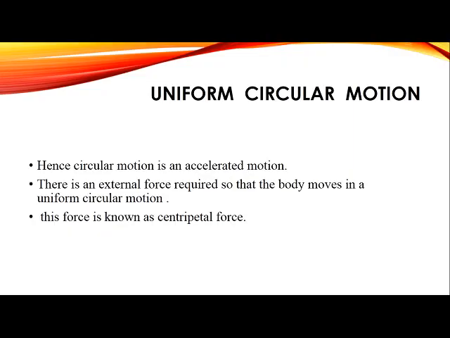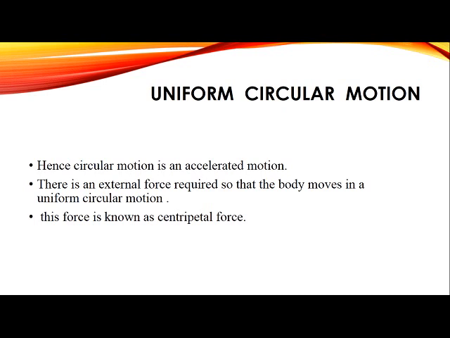Now, uniform circular motion is an accelerated motion. When you were moving the eraser with the thread, children, you had to continuously apply force so that the direction is changed continuously. Okay, and children, when a body is moving in a uniform circular motion, there is also an external force.